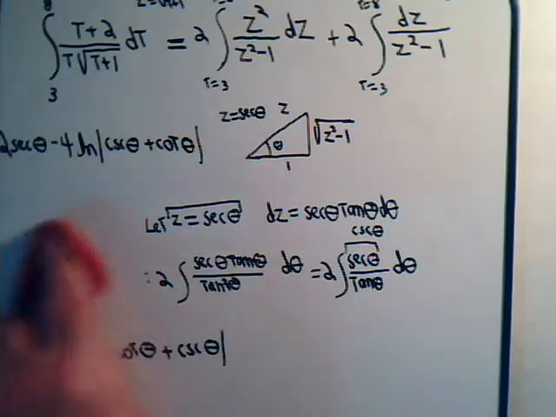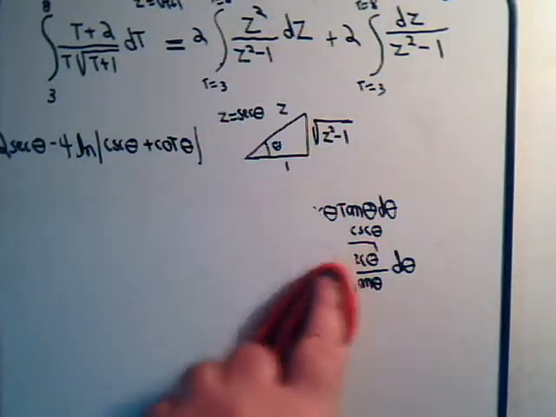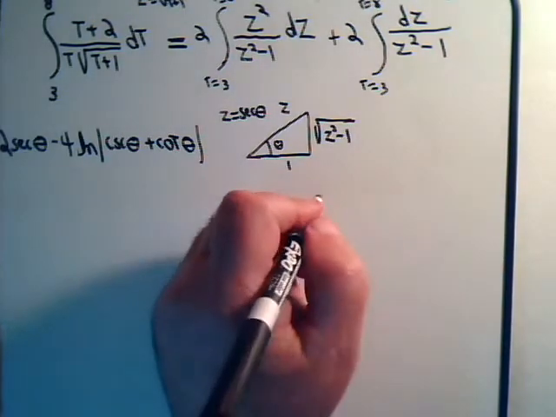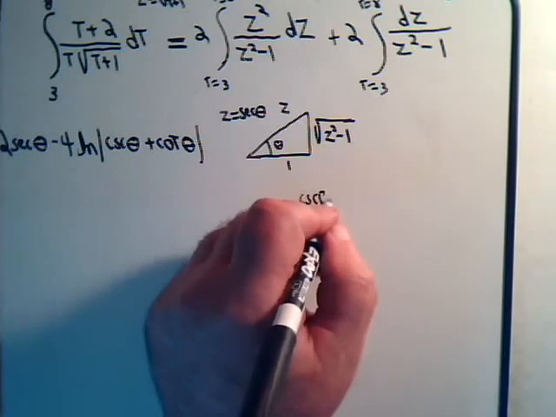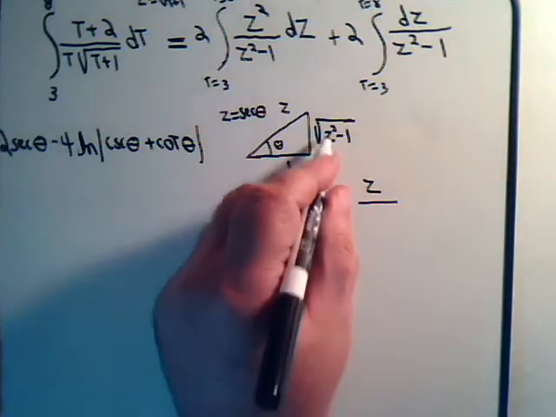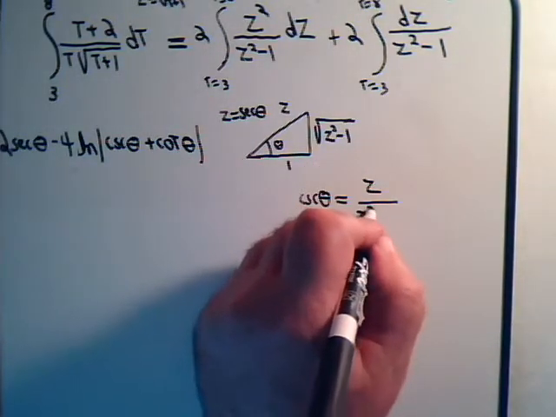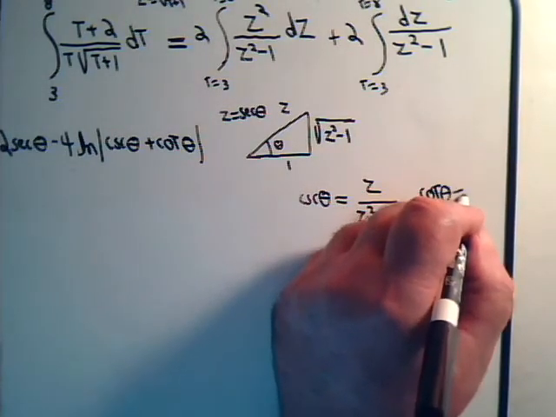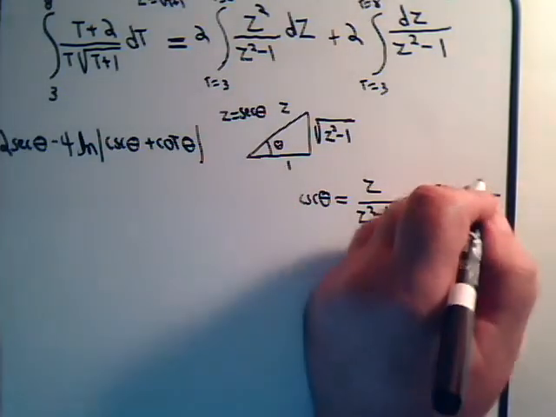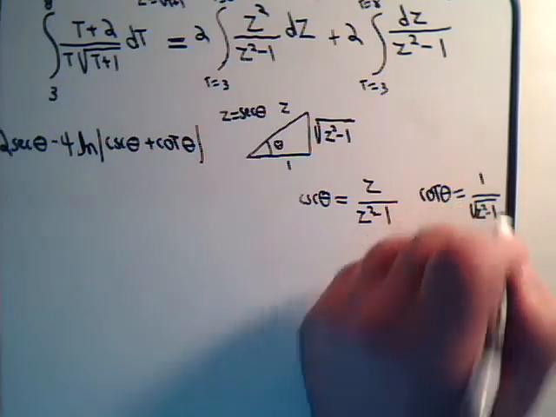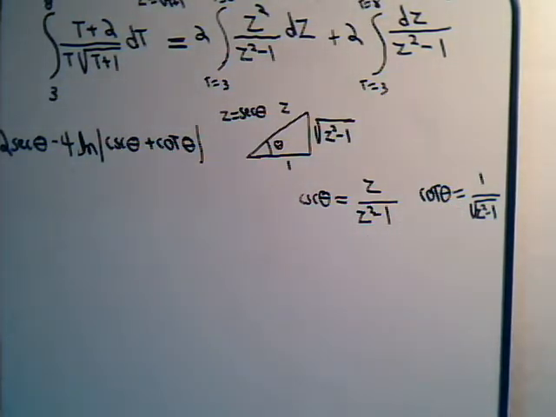So the cosecant of theta, that is the hypotenuse divided by the side opposite the angle, and the cotangent of theta, that is the side adjacent divided by the side opposite. So let's get all this now expressed in terms of the variable z.